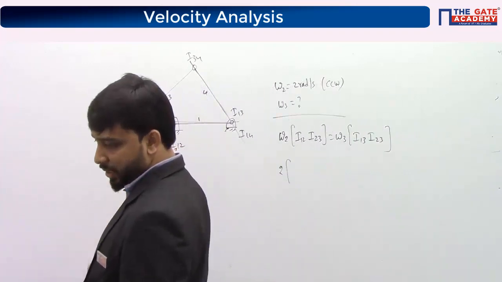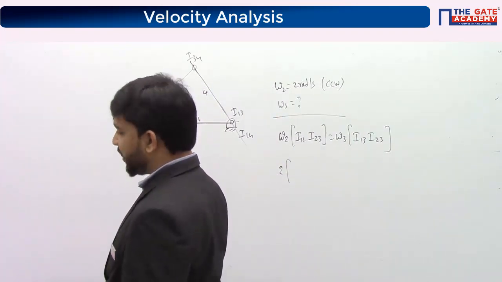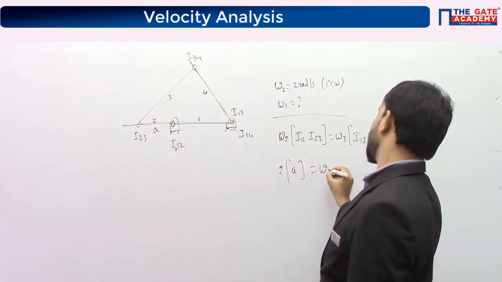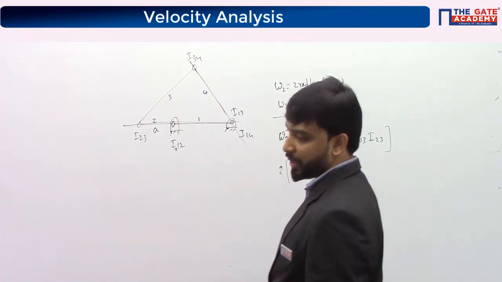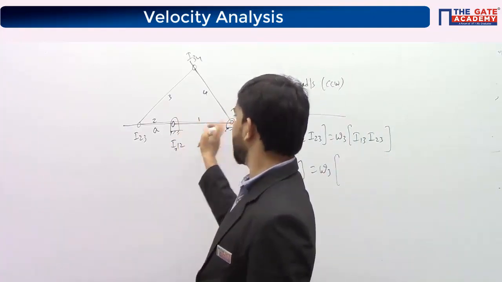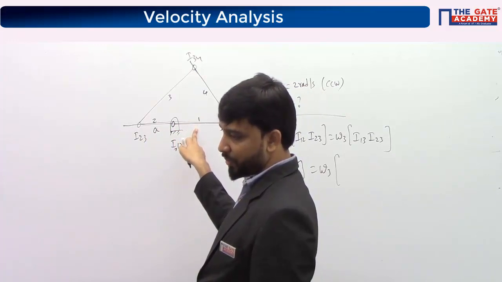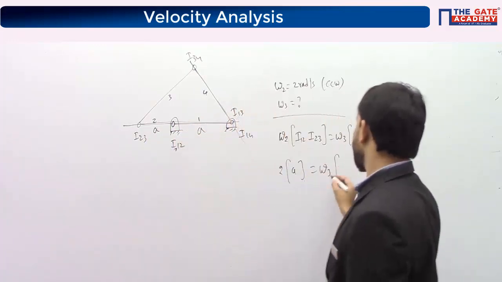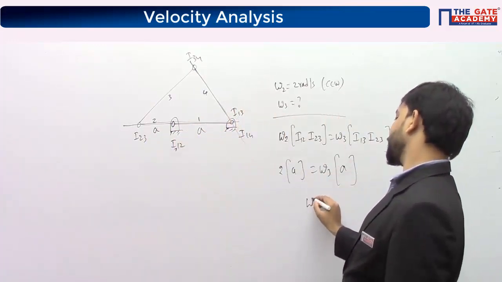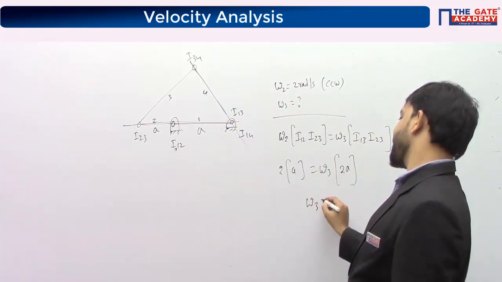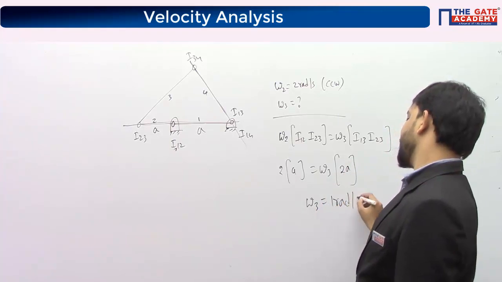What is the length of this link O2P? It is A units. So omega 3 into the distance between I13 and I23. I13 is here and I23 is here. What is the length of this link O2O4? This length is also A. The total distance is 2A. So omega 3 is 1 radian per second.